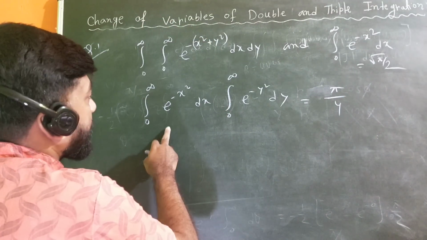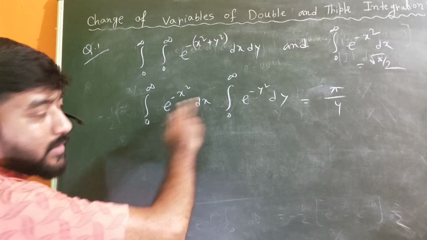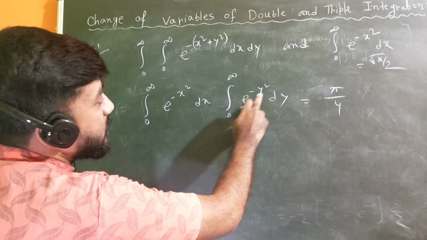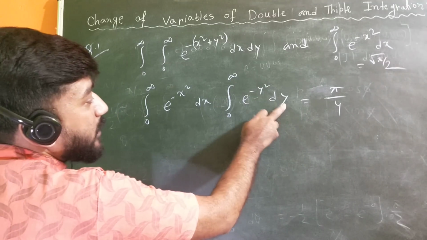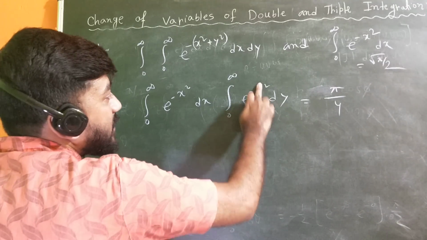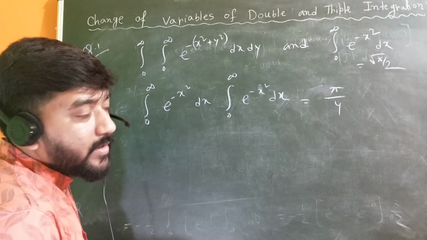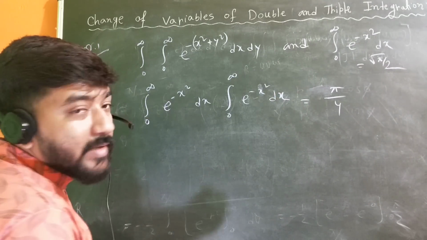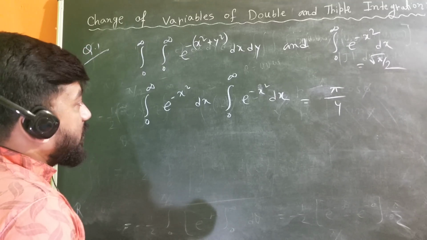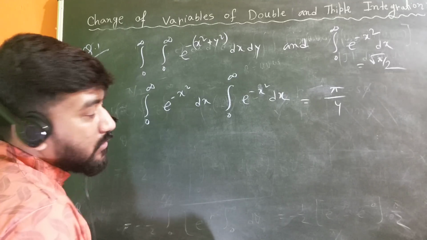Since this is a definite integration, you can change y to x or x to y, it does not matter. So e to the power minus y square dy will give the same result as e to the power minus x square dx. The result will be the same whatever the variable is.